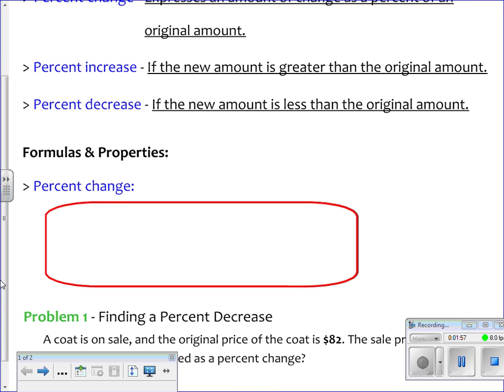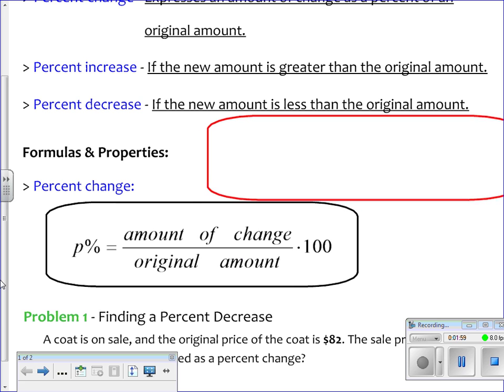Now we do have a formula for today. The percent change is the amount of change over the original amount times 100. So what you do is you take the difference, how much it went up by or went down by, divide that by what you start with, multiply that by 100, and that's the percent change.